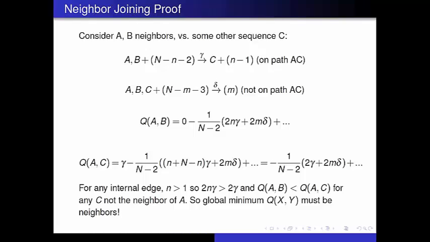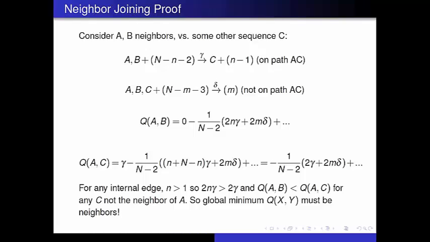Okay, now let's look at the case of an edge that is on the path from A to C. For any internal edge, it must have at least 2 sequences on each side of it. Internal edges, by definition, always have 2 sequences coming off on each side. So n is always greater than 1.